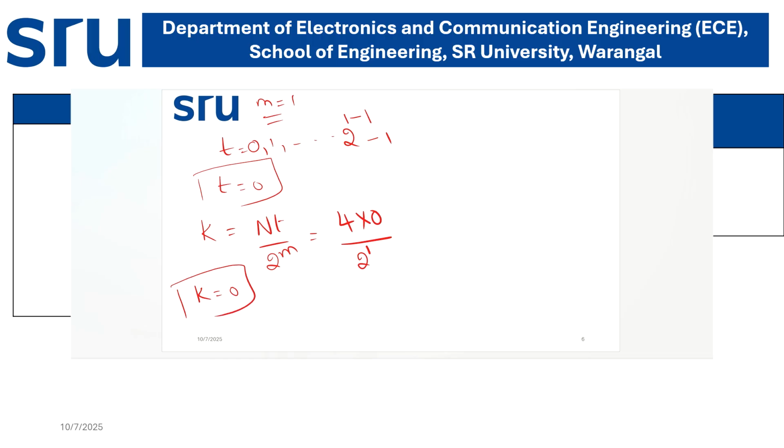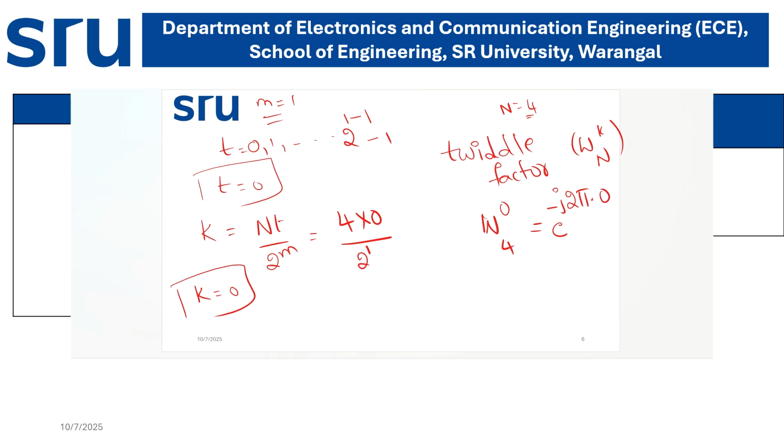If k is equal to 0, we have twiddle factor. That twiddle factor is omega 4 power 0, omega n power k. N already we know that is 4 and k already know that is 0. So if I substitute the same in the formula, e power minus j 2 pi, k value is 0 divided by 4. So e power minus 0.